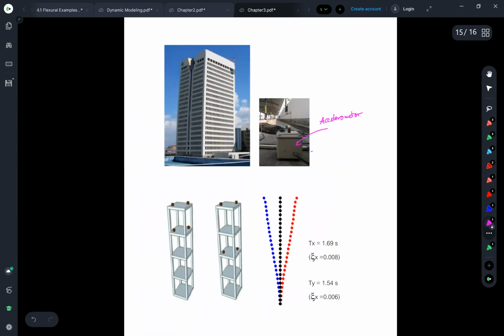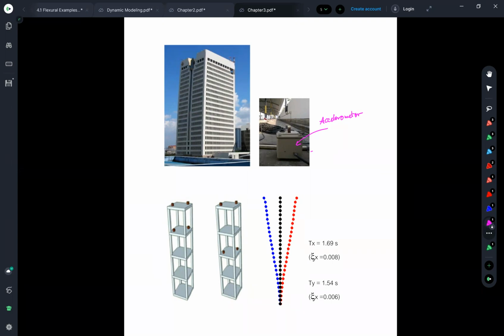This sensor will detect the acceleration and convert it to a digital signal. If you still have the analog version, it provides you a voltage signal with time that is proportional to the acceleration of the building or the location you put the sensor on.